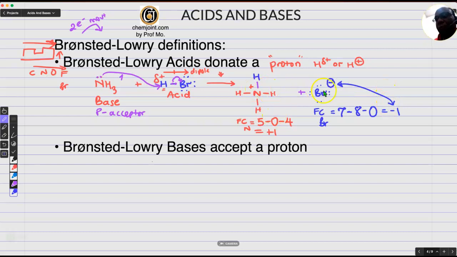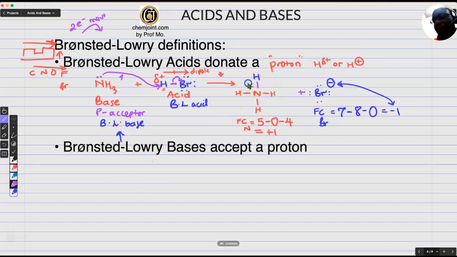Okay, so this will be the product, this will be the reactants. Ammonia accepted the proton as HBr donated the proton, so this is going to be the Bronsted-Lowry acid, and ammonia that accepted the proton will be the Bronsted-Lowry base. Okay, so that's what we are defining down here.